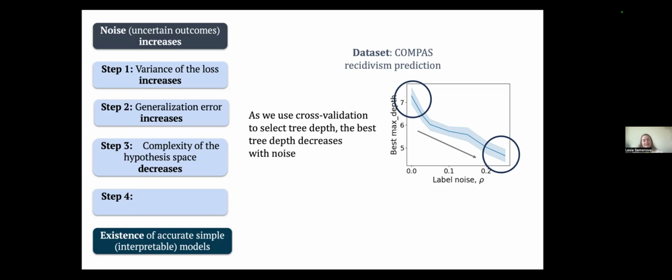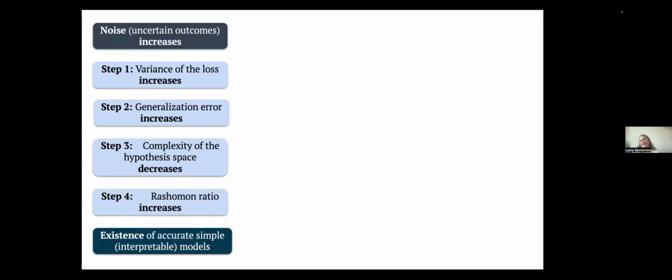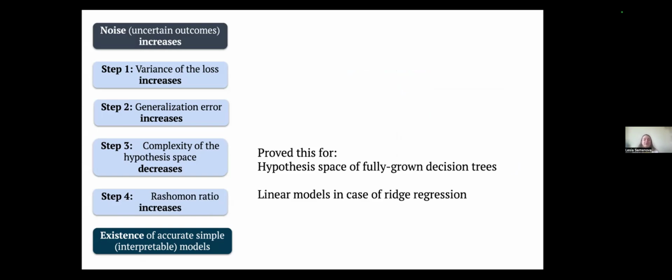It turns out that as you decrease the complexity of your hypothesis space, for simpler hypothesis spaces, the Rashomon ratio is actually larger. I have formally proven this for the hypothesis space of fully grown decision trees.